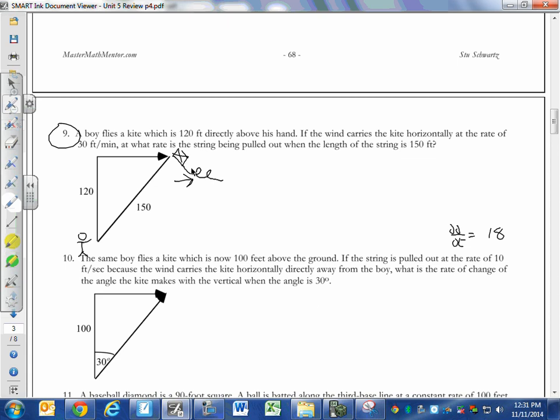Since it's flying horizontally, it's not going up and down, and the string is being pulled out to be longer and longer. All Pythagorean theorem.